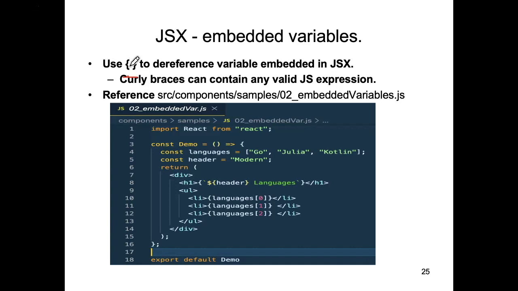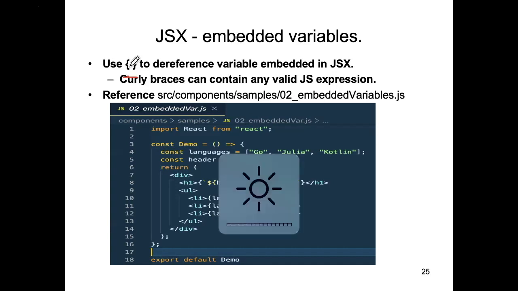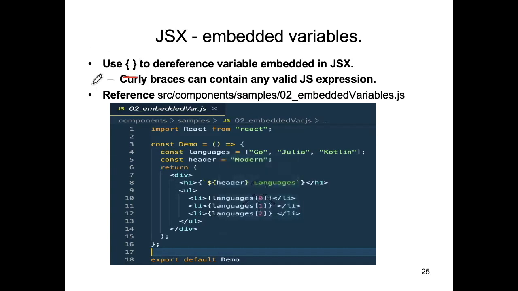So if you see the sample code that I'm showing you here, it's a small step forward now, but either way, you can see here I'm just declaring inside my component, my array with languages, and I'm also declaring a string.